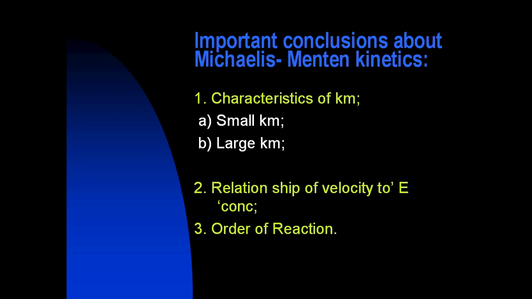On the other hand, when the concentration of substrate is much greater than Km, the rate of reaction is independent of the substrate concentration and is said to be zero order with respect to the substrate concentration.